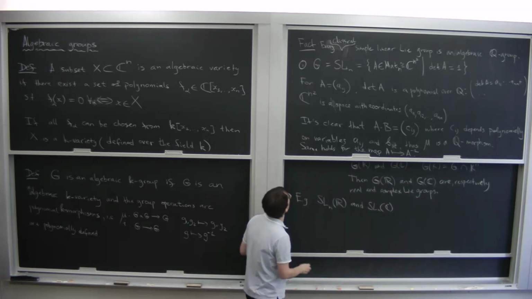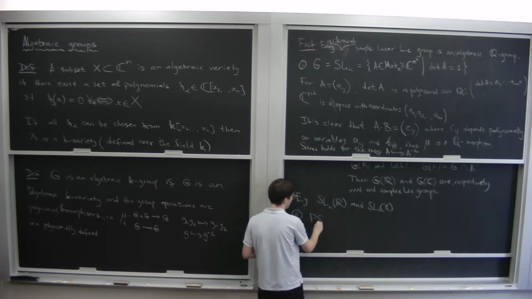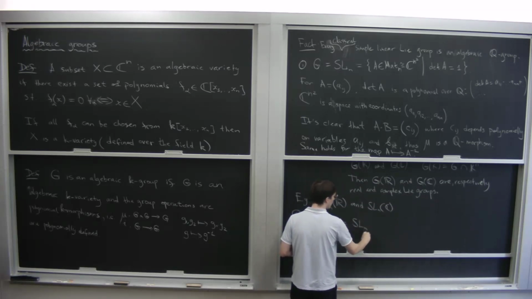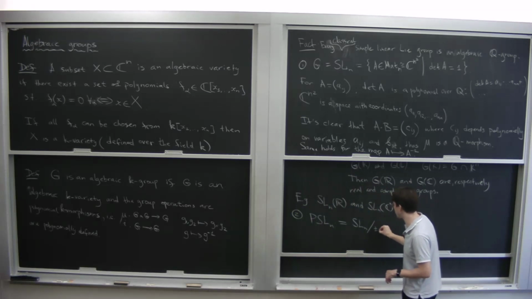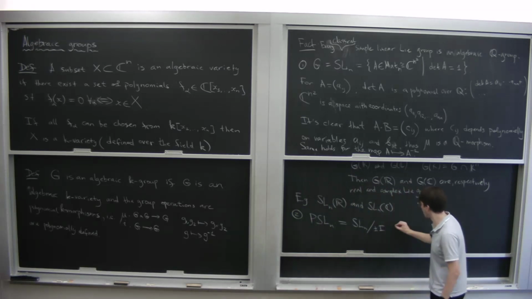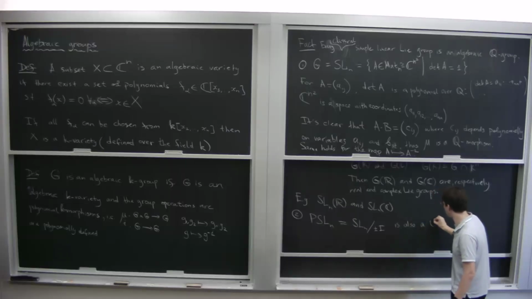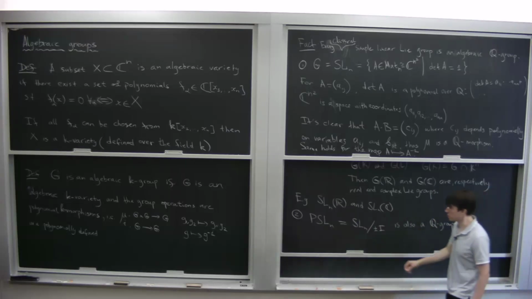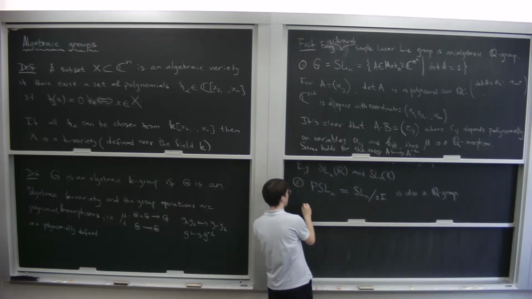So as a continuation of this example, I will take PSL_n being the quotient of SL_n by the center, which I will write as plus minus identity. It is also a Q group, right? And this is interesting for us because of the properties of hyperbolic geometry and isometries.